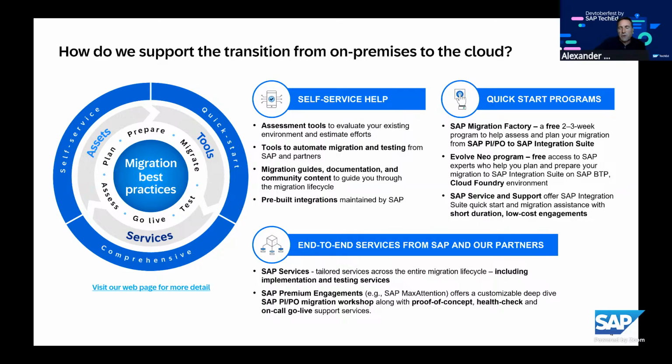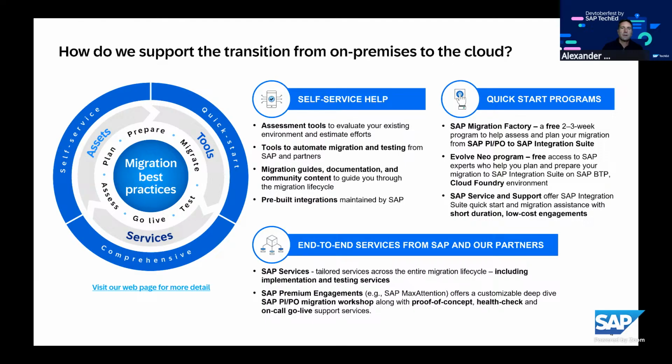Beside this, we have tools in place. One is an assessment tool, which is a capability of integration suite. And this allows you to assess your situation, right? So assess all your scenarios within a process orchestration system. That gives you visibility about whether this scenario can be run on integration suite, and also a rough effort estimation.